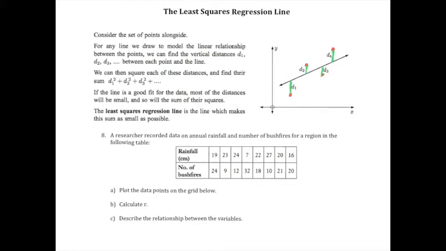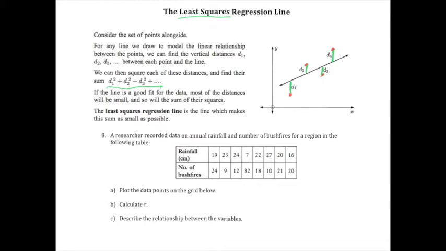So we get each of these distances, square each one, and add up those squares. We want our final amount to be as small as possible. Then we know we've done a good job, which is why it's called the least squares, when the squares are the least value. Does that make sense?